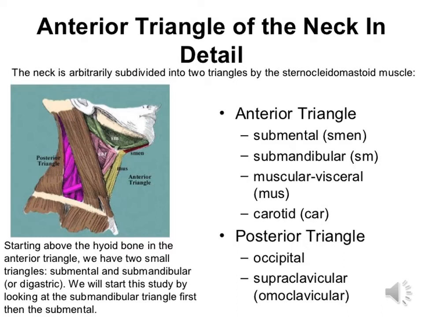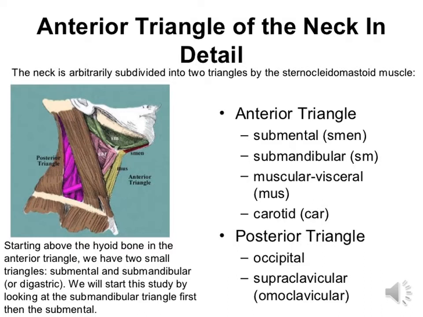The anterior triangle is divided into four triangles: submental, submandibular, muscular or visceral triangle, and carotid triangle. And the posterior triangle is divided into two triangles: first the occipital and second the supraclavicular, or call it the omoclavicular triangle.